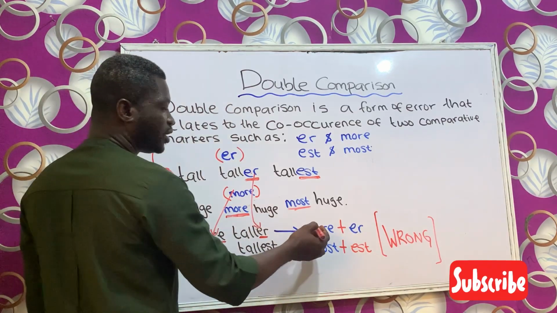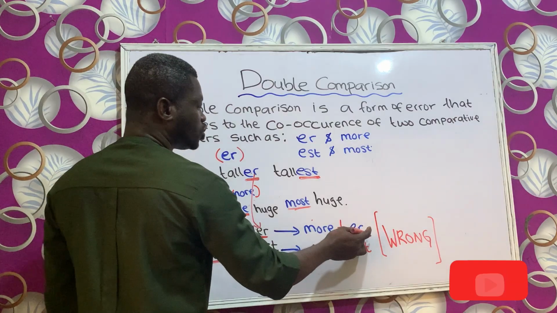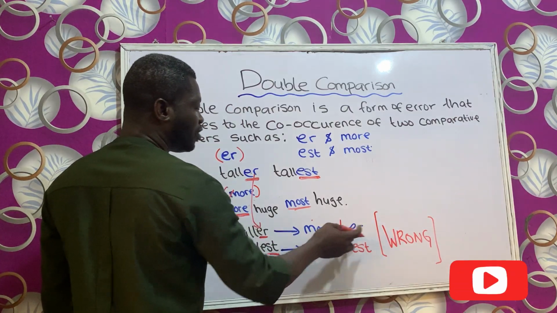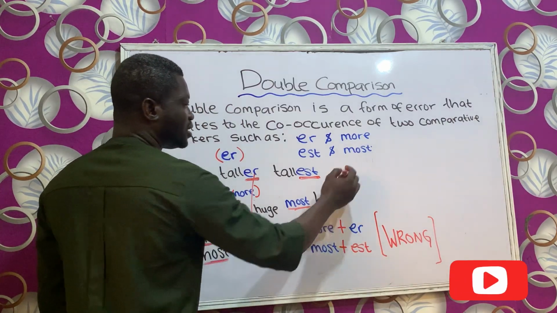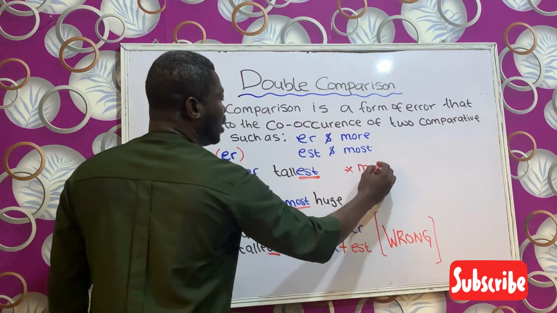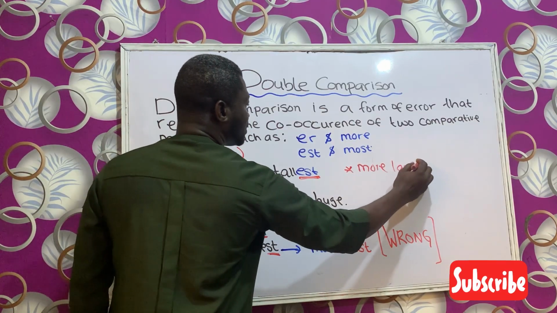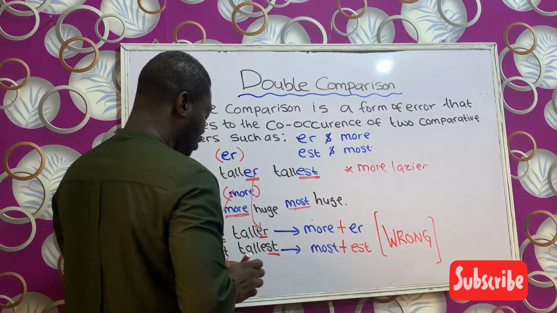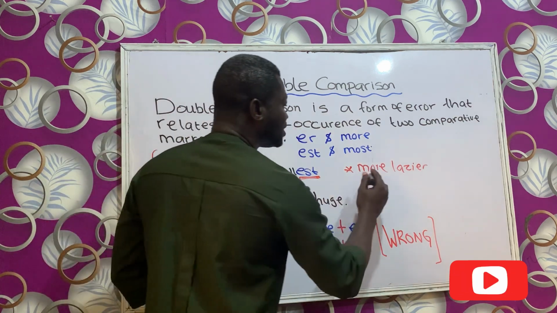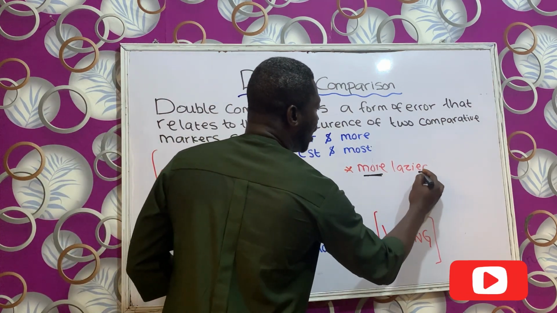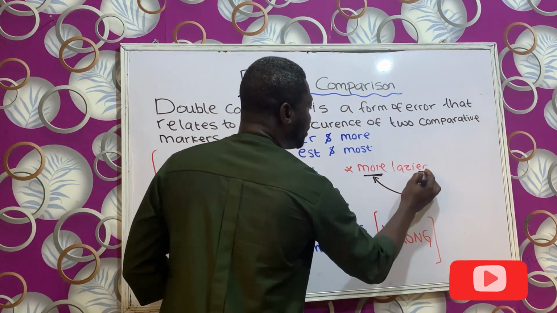So if you pick the more, you have got to drop ER, and if you pick ER, you've got to drop more. It's just like when you say someone is more lazier. This is going to be bad English because more is a comparative, and ER is a comparative. So it looks like you have double.